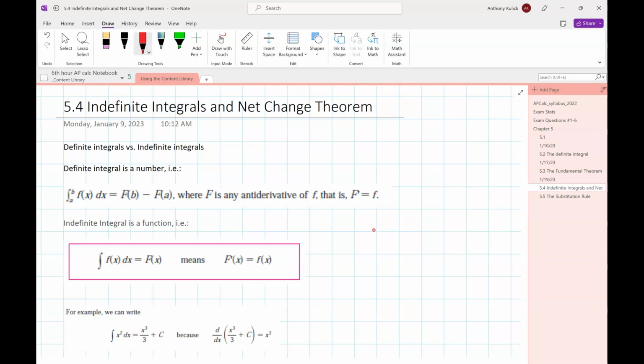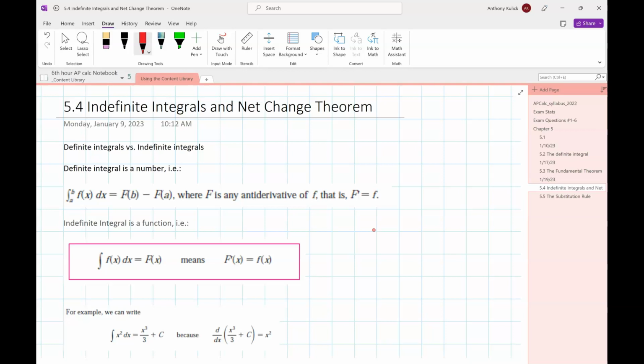We're going to be talking about something called an indefinite integral. So remember in section 5.3, the fundamental theorem of calculus part 2 says that we have this definite integral of f of x is the antiderivative of f evaluated at b minus the antiderivative of f evaluated at a.